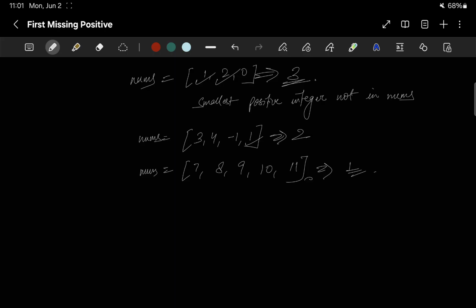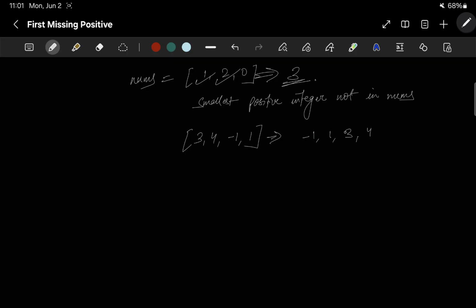Okay. Now the thing is, if you think about it, it's a very easy problem to solve. If you just have to write a code so that this works, you can do one thing like sorting. Okay, let's take this example. So what you can do here is you sort this. You get minus 1, 1, 3 and 4.